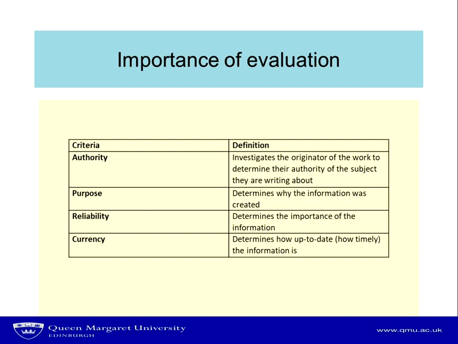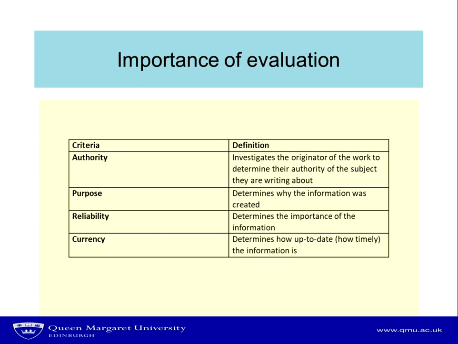The first criteria on the list, authority, you're really investigating the originator of the work so that you can determine, do they have the authority to write about the subject they're writing about? Do they have the qualifications? Do they have the knowledge and experience? The second criteria, purpose, is where you're exploring why the information was created. Why is it in existence?